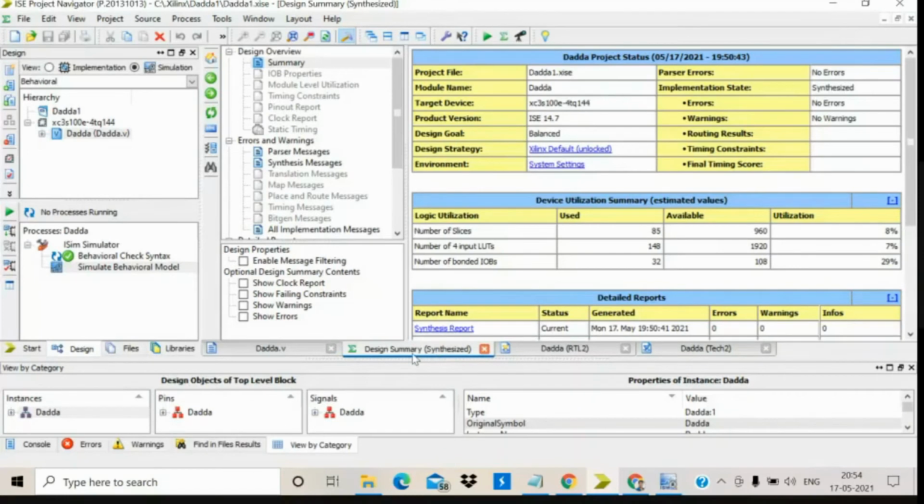When we look into this design summary, all the information regarding its hardware and all the materials we used in implementing this data multiplier can be seen here. In this device utilization summary, we have the number of slices, number of 4 input LUTs, meaning lookup tables, and number of bonded IOBs. These are the utilization summary. All will be given in terms of slices, gates, and LUTs, guys. That is the thing we have to remember.